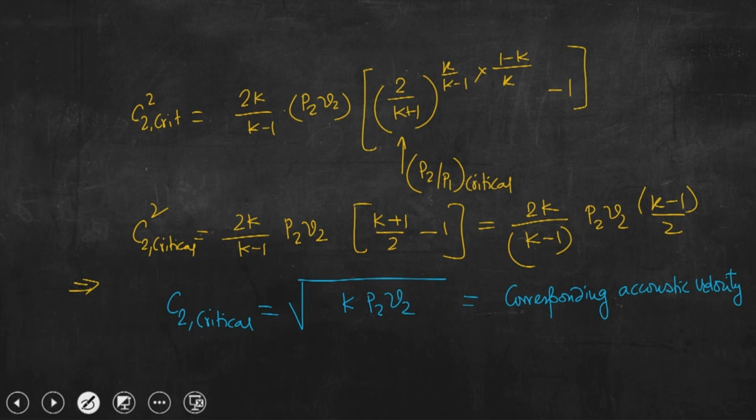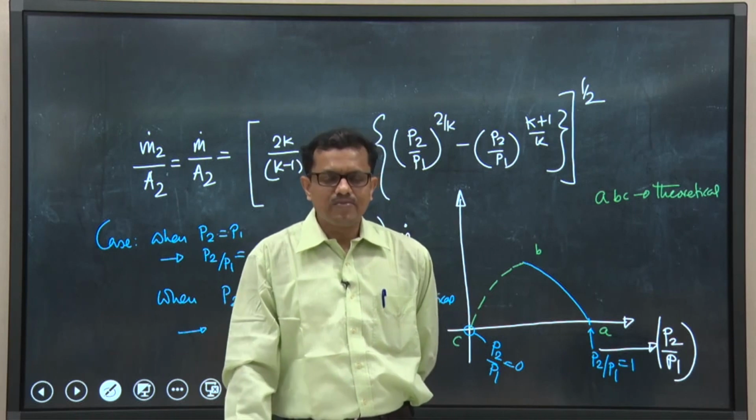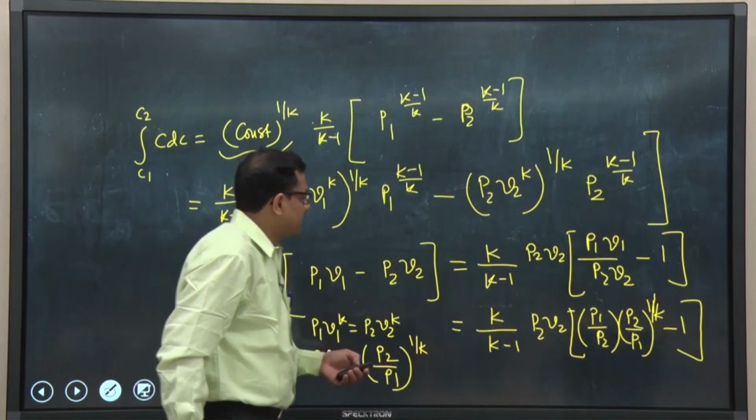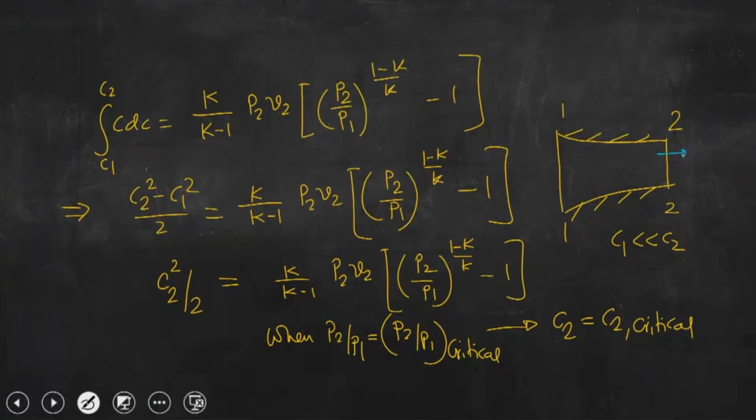So, now the question is, if we go to this particular slide, when the velocity at the exit of the nozzle is the sonic velocity, let me tell you one very important thing. When the velocity C2 is C2 critical, equal to the sonic velocity of the medium, if you reduce the pressure further, that pressure is to be sensed by the inlet section of the nozzle.